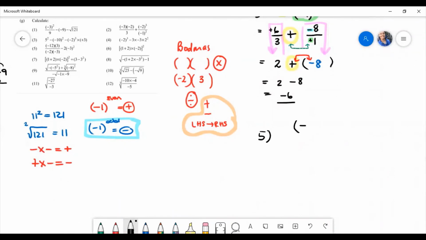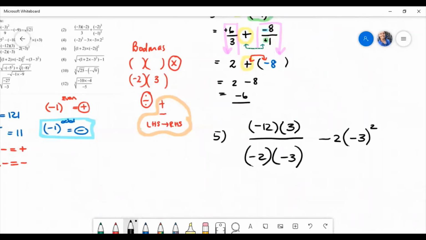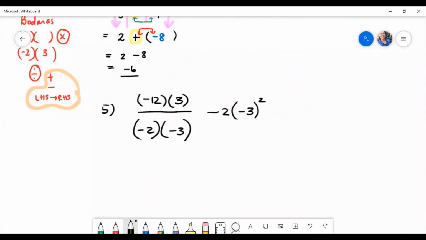It's a bracket negative 12 times positive 3 over, and then I have a negative 2 in the denominator times a negative 3. And then I have a separate minus 2. And then I have a bracket next to it with a negative 3 squared. Okay, it looks quite daunting, but let's break it up into steps.